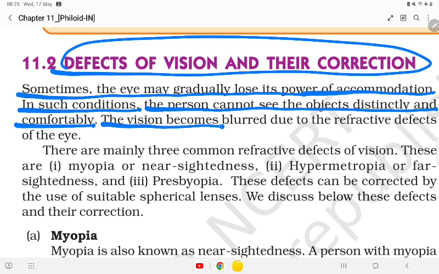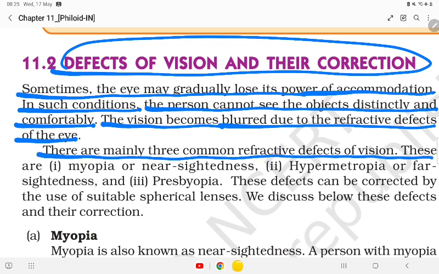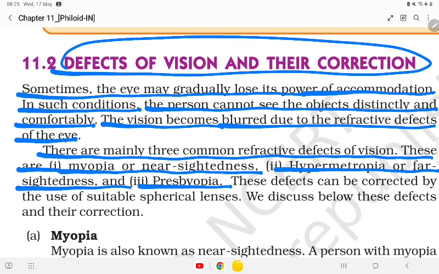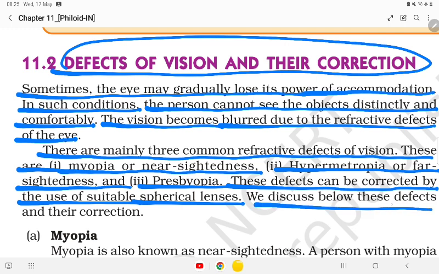The vision becomes blurred due to refractive defects of the eye. There are mainly three common refractive defects of vision. These are myopia (nearsightedness), hypermetropia (farsightedness), and presbyopia. These defects can be corrected by the use of suitable spherical lenses. We discuss below these defects and their correction.